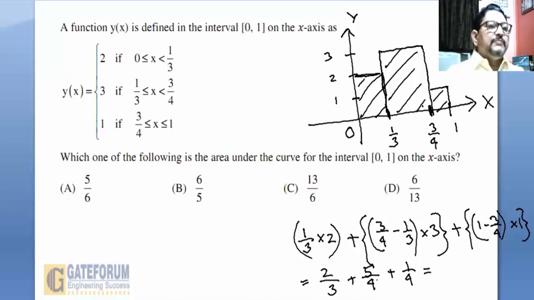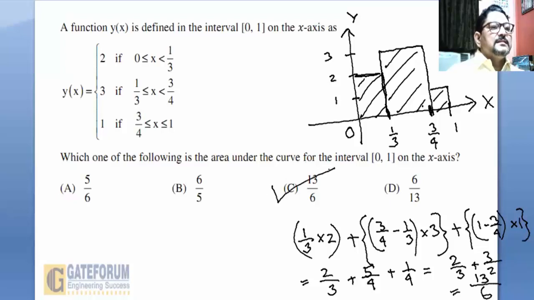Now 5 by 4 plus 1 by 4 is 6 by 4. 6 by 4 plus 2 by 3. So 2 by 3 plus 6 by 4, that is 3 by 2 plus 2 by 3, so that is (9 plus 4) over 6, that is 13 by 6. So 13 by 6 is the area, and we can see that it is given in this option. So this is how you find it. It's a pretty simple one.